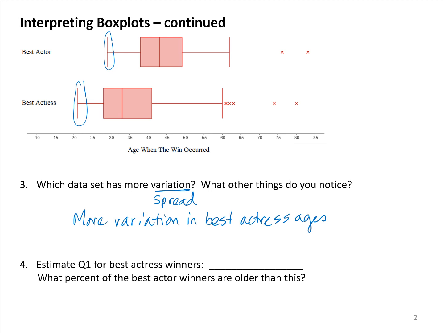And if we look at the median, 50% of best actress winners are younger than 35, whereas 50% of the best actor winners are younger than 44. So you definitely see that the best actress winners are younger in general.